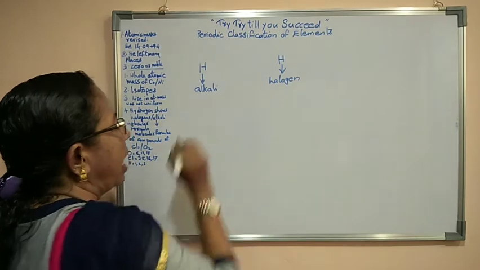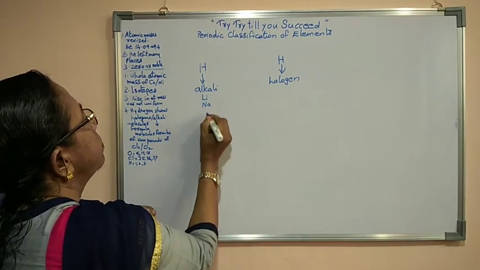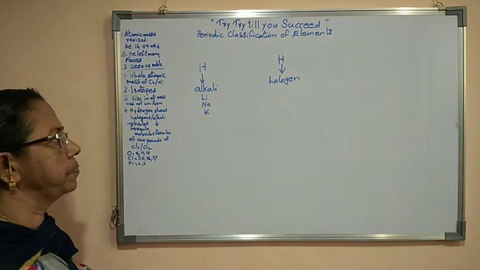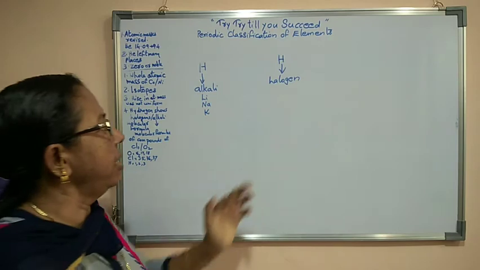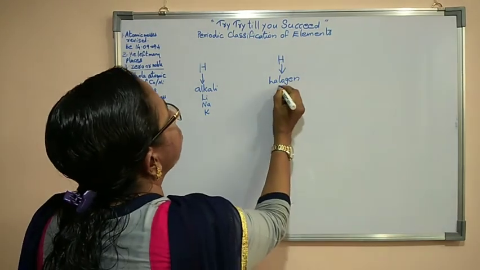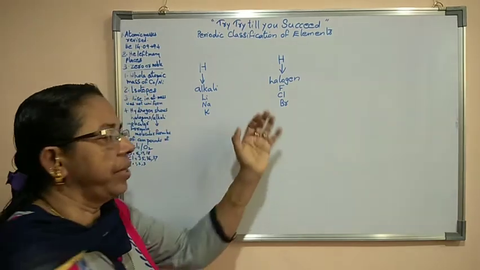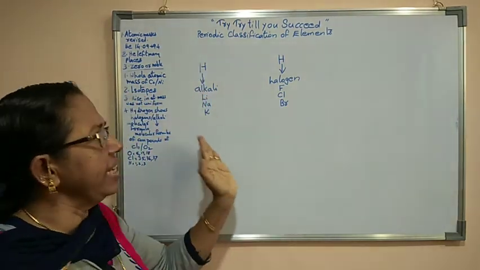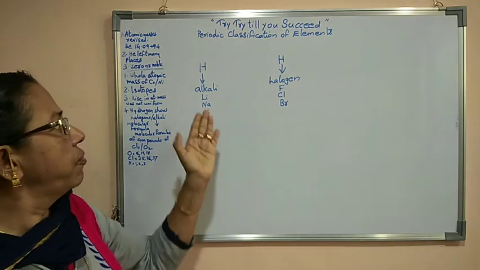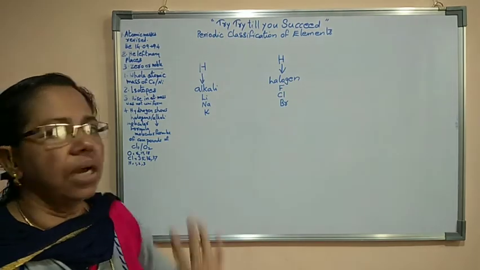Now, which are alkali metals? Lithium, sodium, potassium, rubidium, cesium, etc. And halogens are fluorine, chlorine, bromine, iodine, etc. Now, this hydrogen has similarity in character with alkali metals as well as with the halogens.